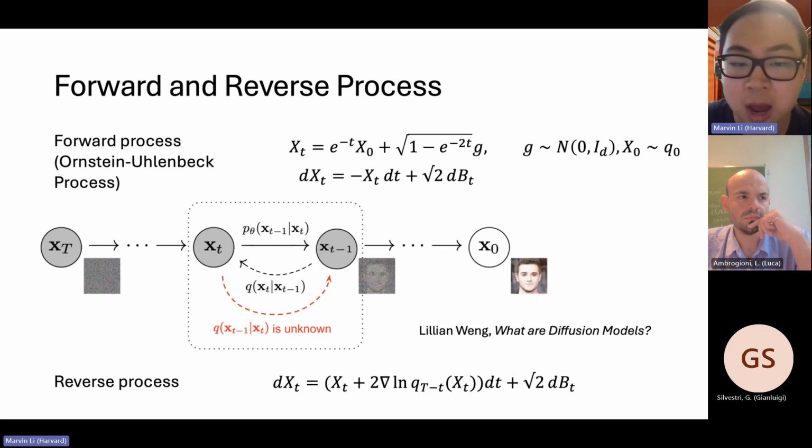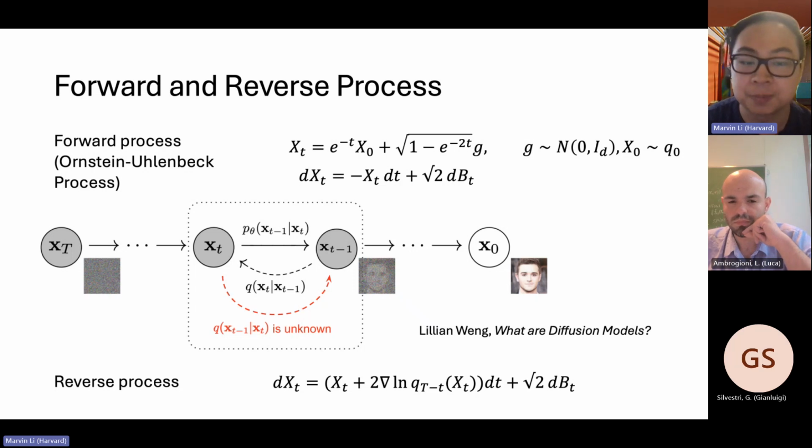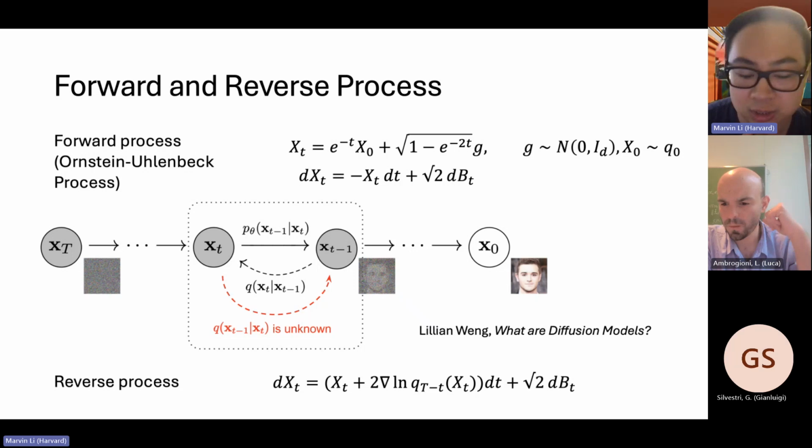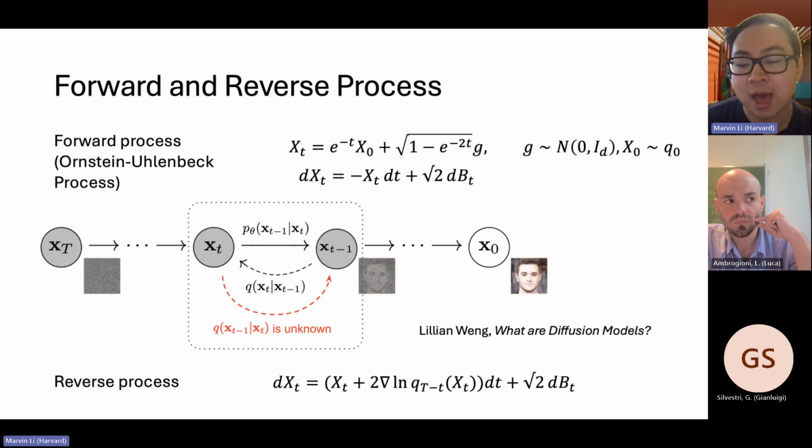Now, in terms of the reverse process, it turns out there's a true reverse process which generates the same marginals as the forward process, up to some test functions. The equation below: if you run the reverse process from pure noise, you're able to generate the same marginals and generate an image at the end.